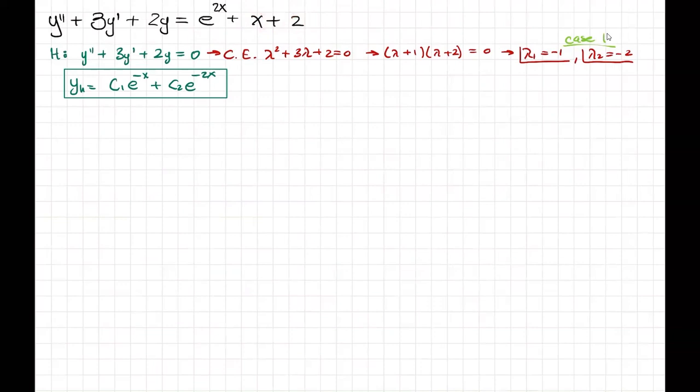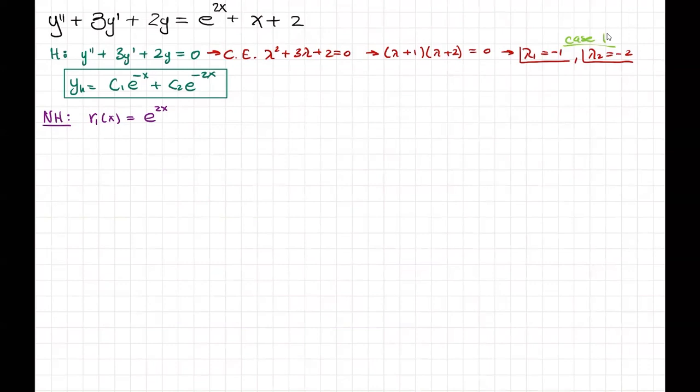So let's do it for the non-homogeneous. And once again, we have R of x, let's name it R1 of x. We're going to put the e to the 2x. And then we'll have the second R of x with the other two terms.